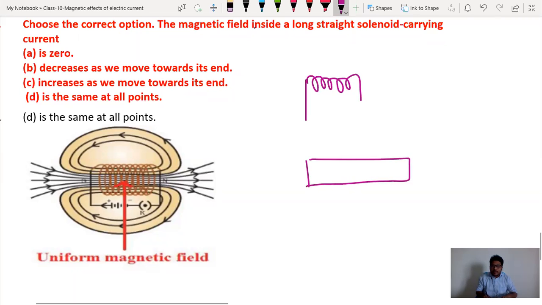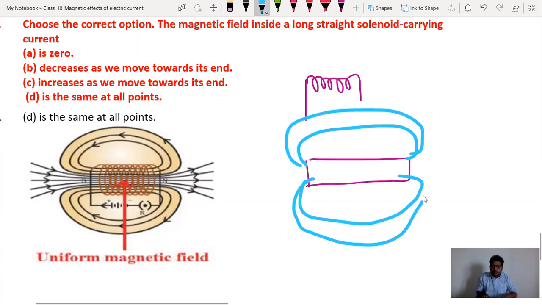If you see a bar magnet, the magnetic field outside will be curved, but while coming to inside, what we have discussed, that should be a straight line, isn't it? Straight line from this point to this point, definitely it will be straight. Not only inside, outside also, at the middle point it will be straight. So 0, no, that is not the correct answer.